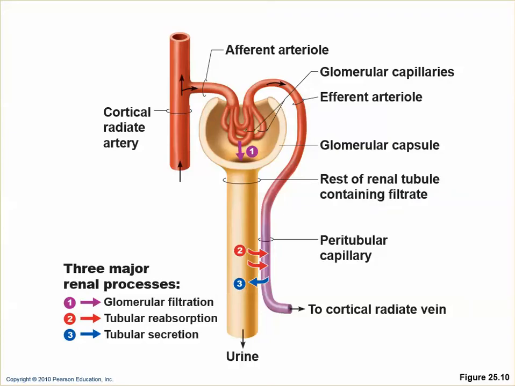So fundamentally it looks like this. Blood comes in, it's filtered out here, filtrate is formed, reabsorption happens back into the bloodstream here, most of the water, and a little bit of stuff like excess potassium gets secreted back into the filtrate, and that's what is expelled from the body as urine.